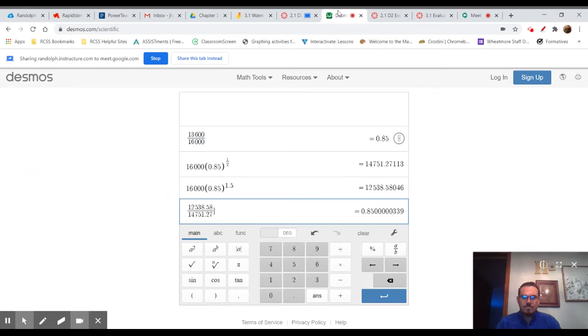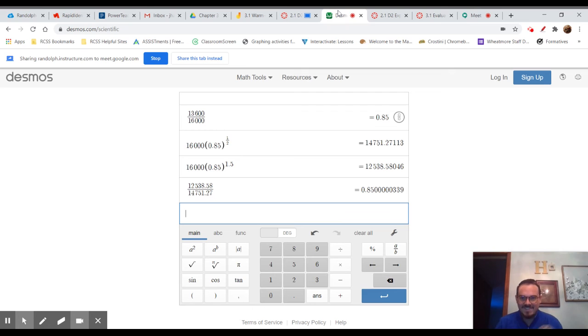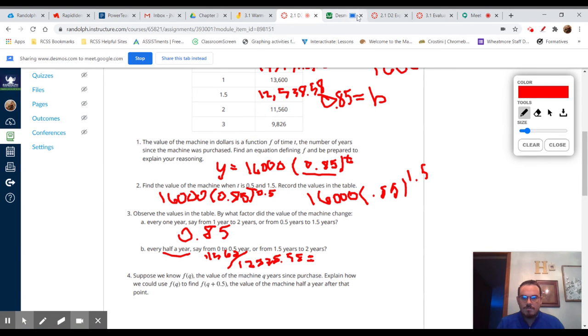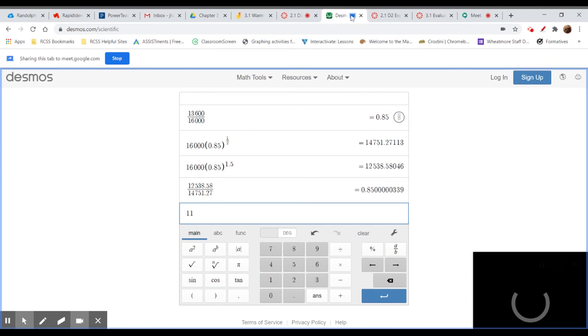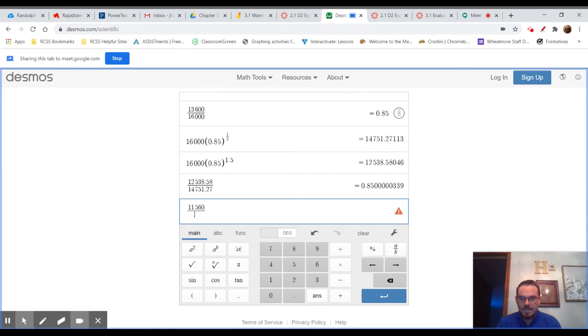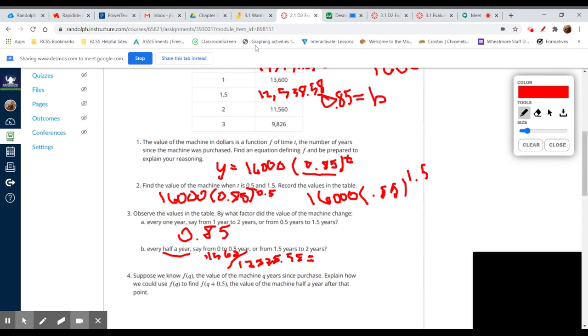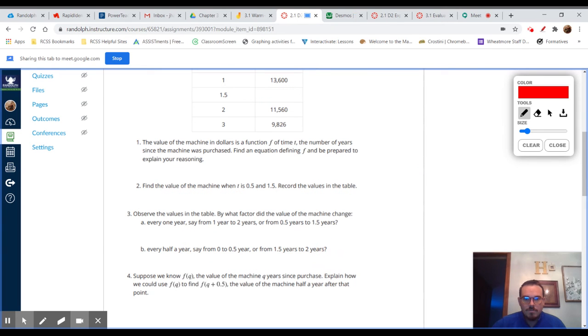Man, that makes my fingers really hurt writing it out like that. So what was it? 11,560. Ooh, okay. Divided by 12,538.58. So what's the percent value change every half year? Let's just round it to 0.92. So this one is 0.92.